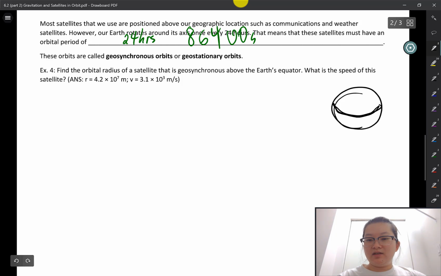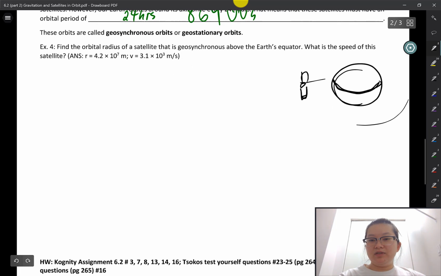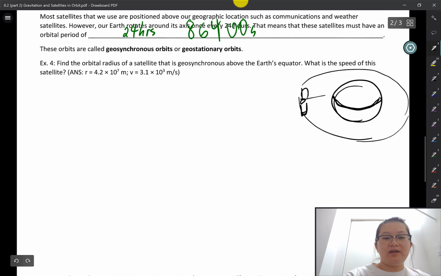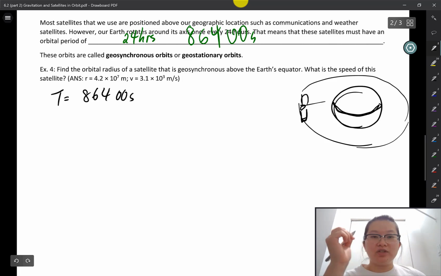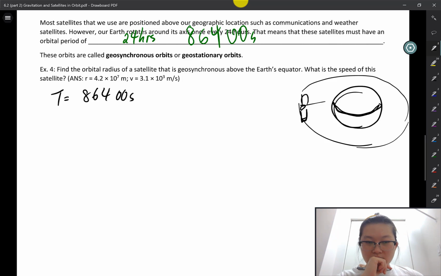Say that's the equator and the satellite is over here. It has the same period as the Earth's axis rotation, so the period is 86,400 seconds, exactly 24 hours. Roughly, because in real life it's slightly off.